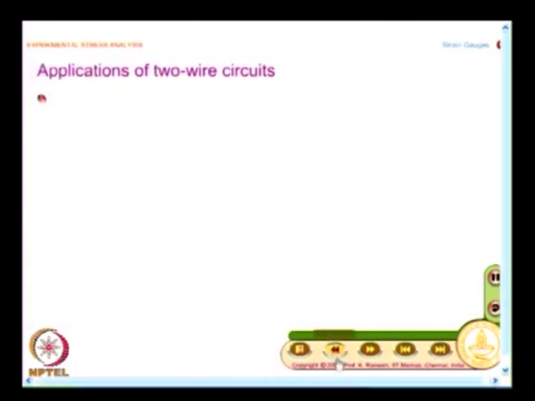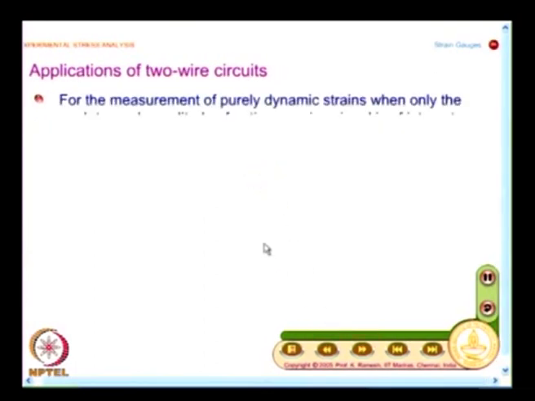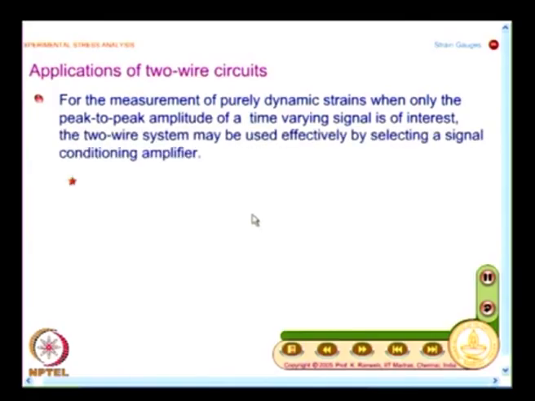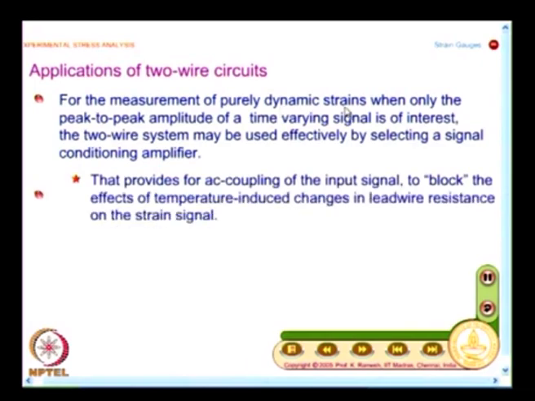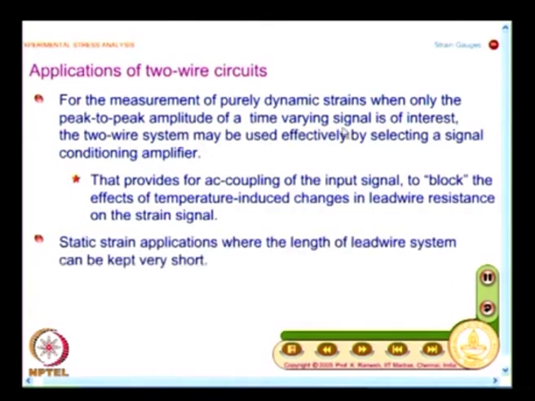See, when you say 3 lead wire system is advantageous, 2 lead wire system also has a role to play. We will see in which class of problems the 2 wire circuit are applicable. Suppose I am working only on dynamic strains, when only the peak to peak amplitude of a time varying signal is of interest, and in such applications the 2 wire system may be used effectively by selecting a signal conditioning amplifier.